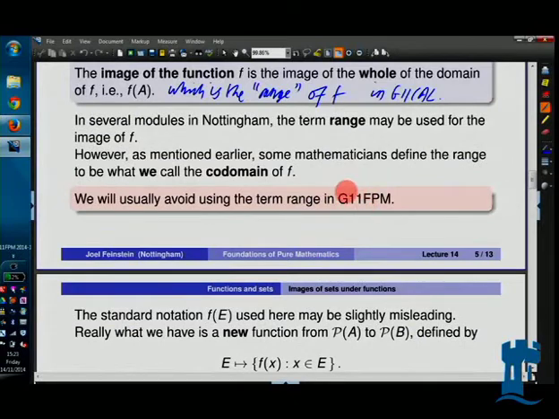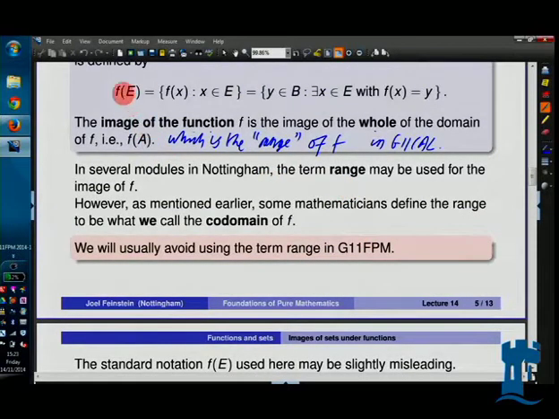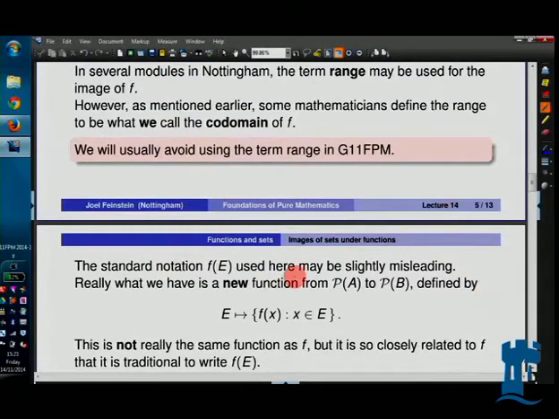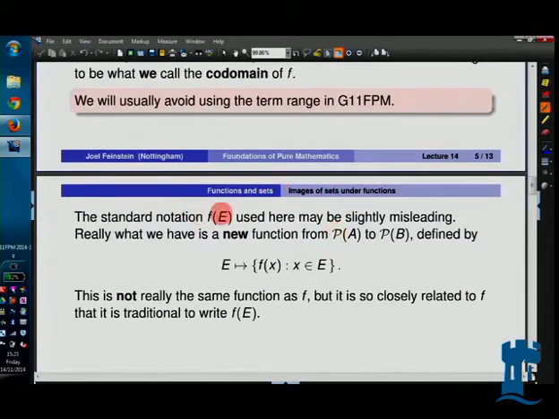Okay, so this notation f of E, f of A, and so on is very slightly misleading because this isn't the same function as before. We started with a function from A to B, and if you took an element of A and applied f, you got an element of B. But now we're applying the same function to a subset of A to get a subset of B, which is different from an element.